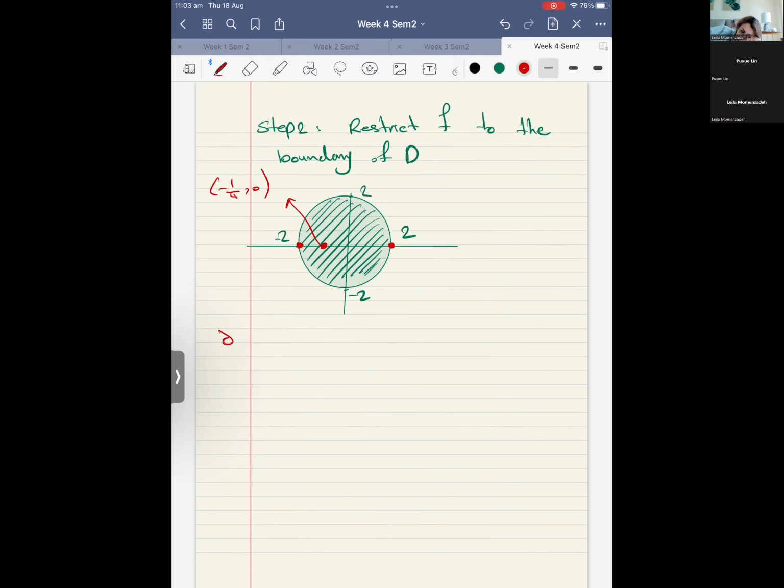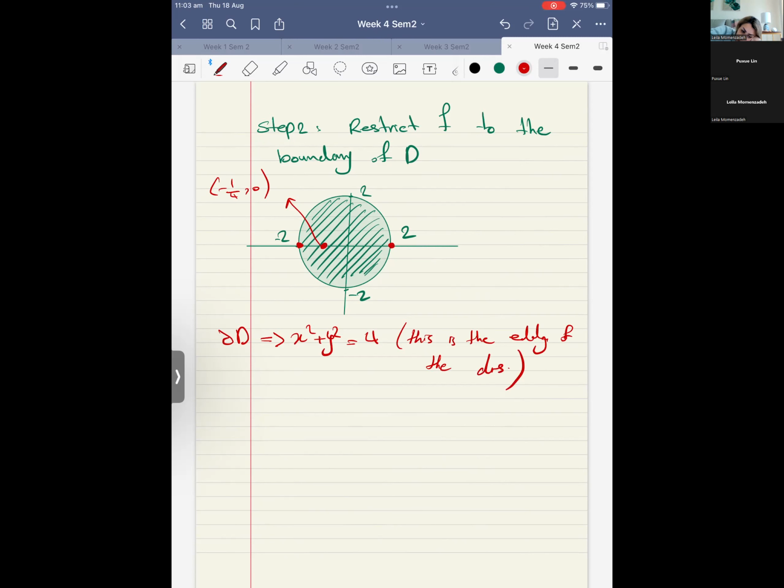You know that the boundary of D is the domain, I mean x² + y² = 4, and this is the edge of the disk.